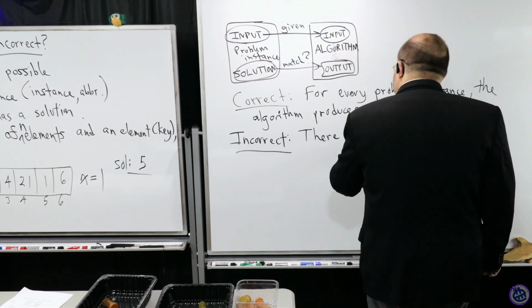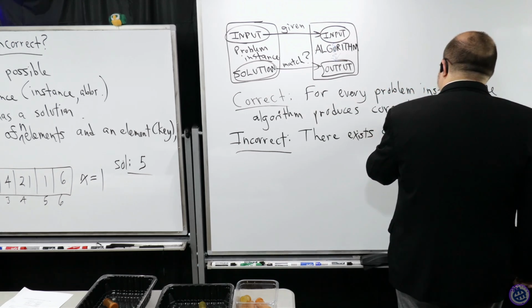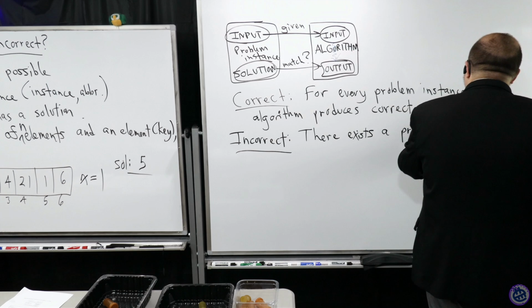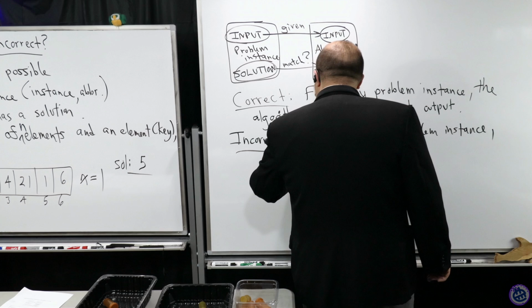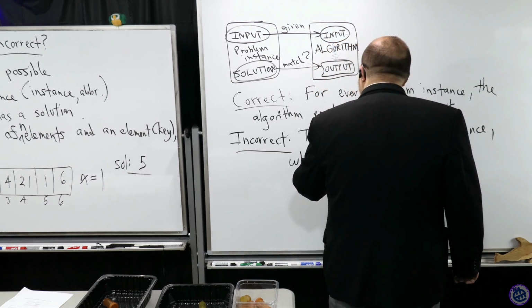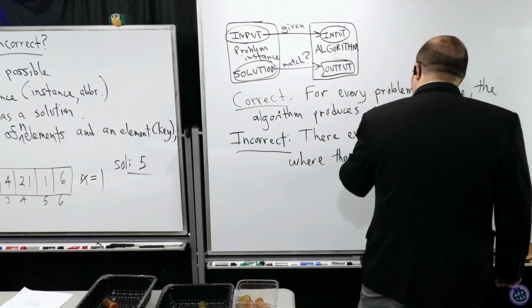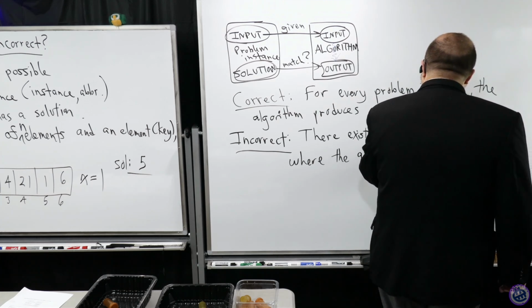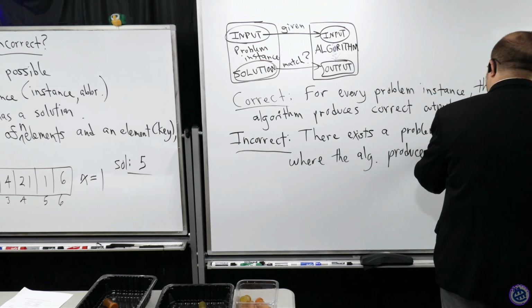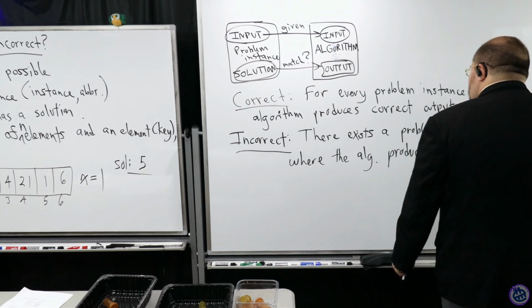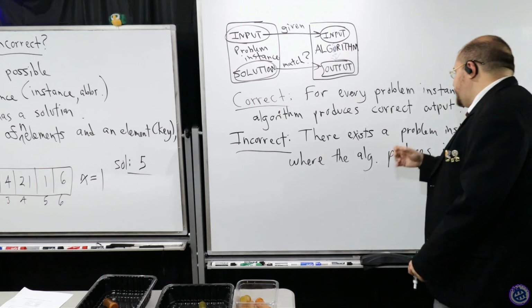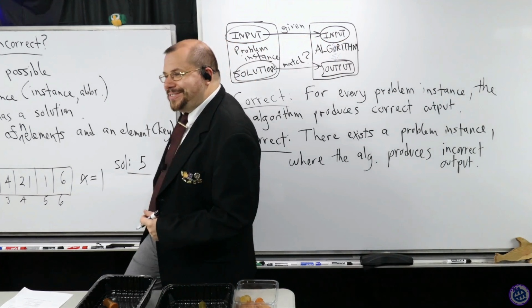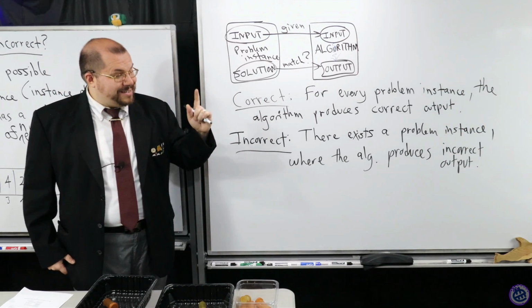There exists a problem instance where the algorithm produces incorrect output. It does not match the solution. So for the given problem instances of your problem, it has to be that it produces incorrect output just for one. It just requires one instance for this to happen.